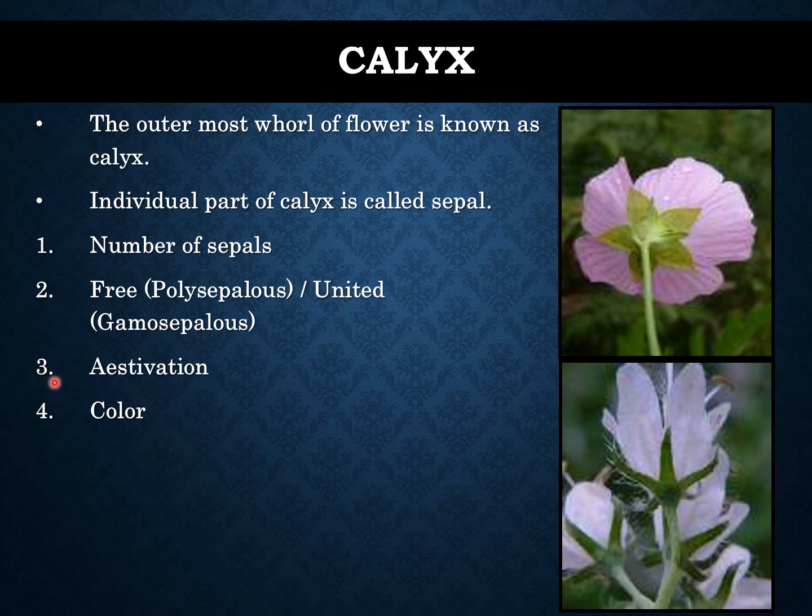The third is aestivation. Aestivation is the arrangement of sepals or petals in a flower, and this is the valvate aestivation. Fourth, you have to observe the color of the calyx or sepals.